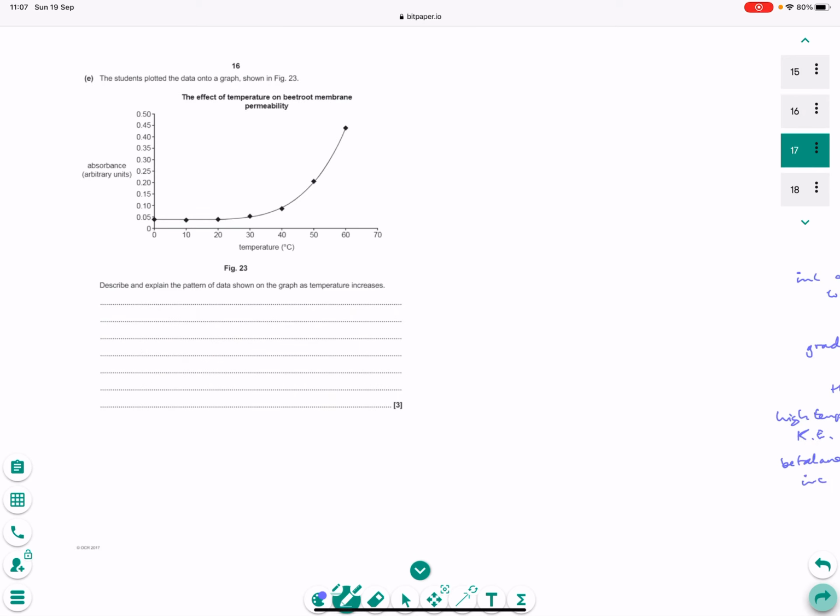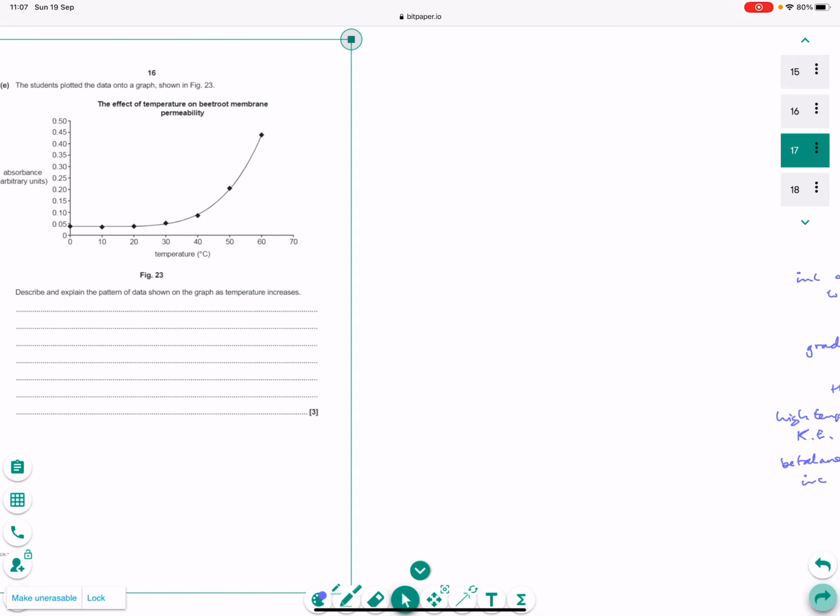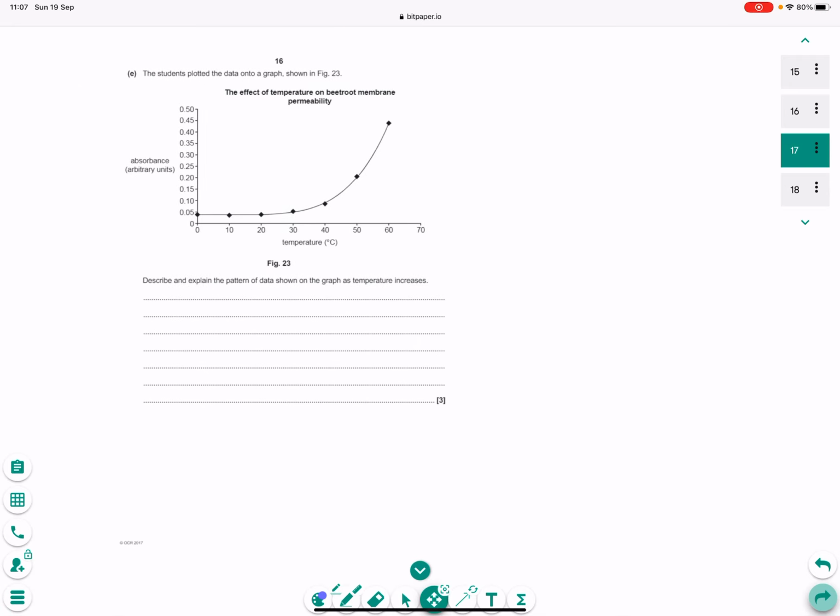E. Students plotted the data onto a graph shown in the figure. Okay, so we've got describe and explain the pattern shown.